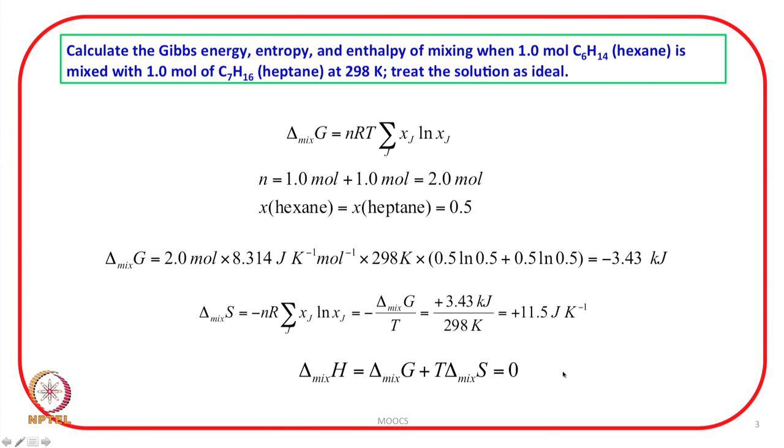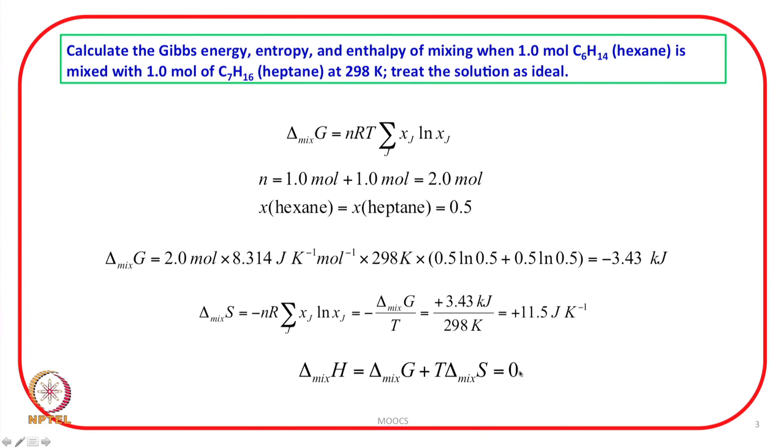And let us analyze the results a little more carefully. The free energy of mixing is coming out to be negative, which is what is expected.